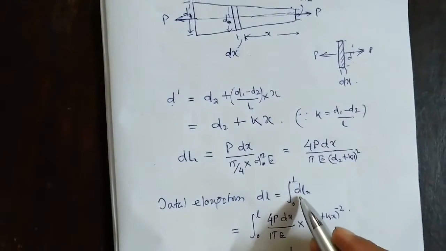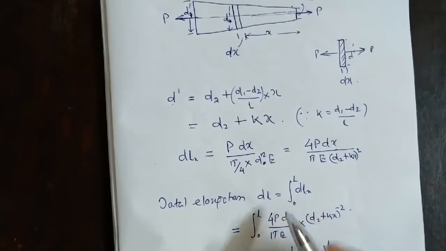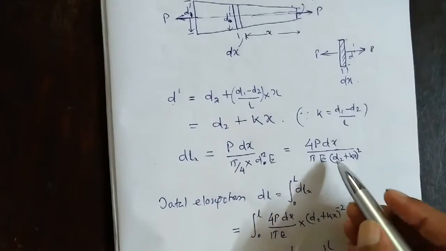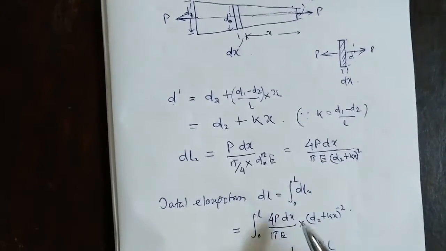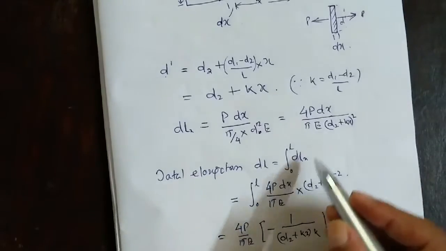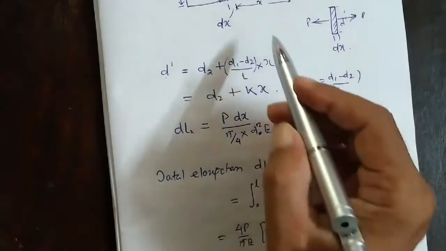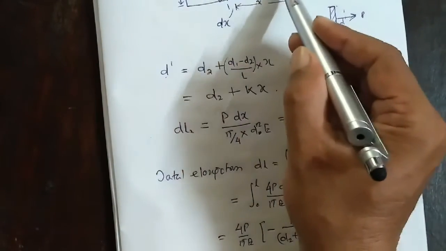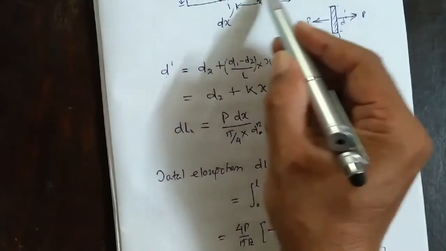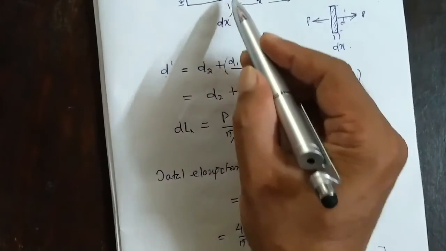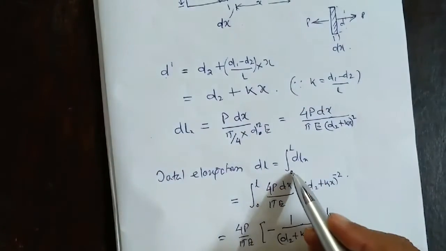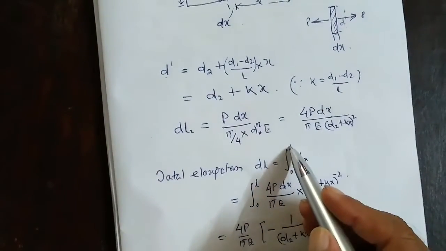So dl is the integration of dlx, with the expression 4P dx by pi E (d2 plus Kx) square. We integrate from 0 to L, considering all the elements from x equal to 0 to x equal to L.